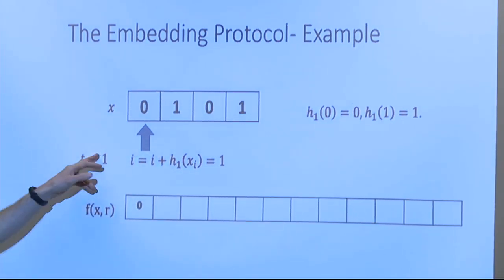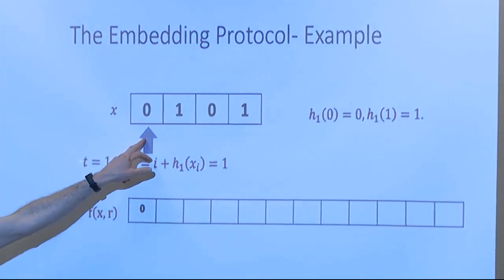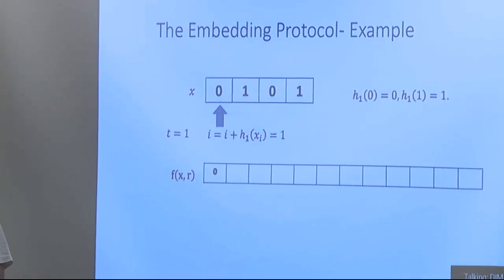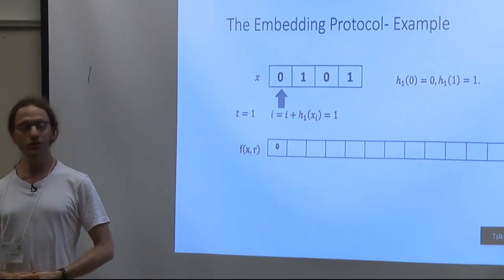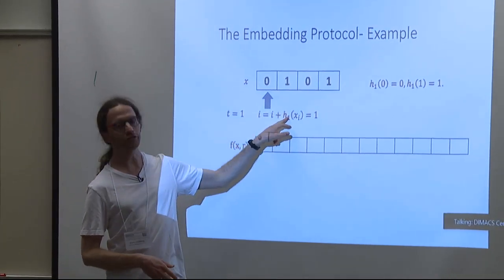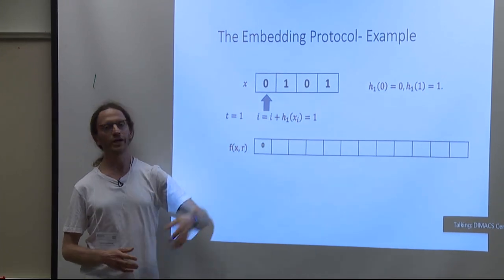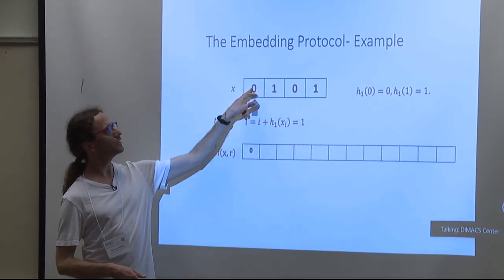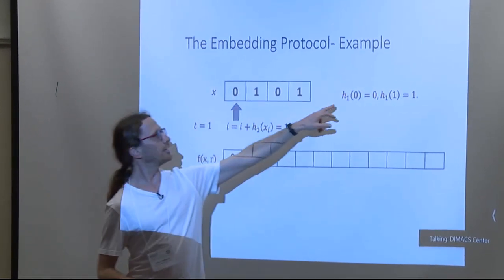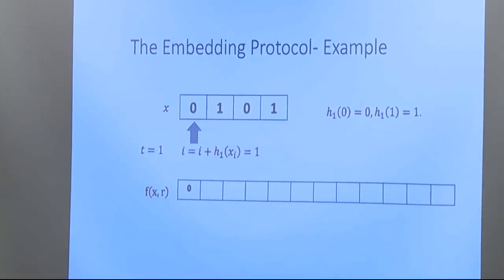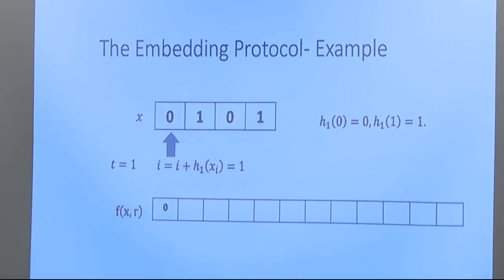Then we choose whether to increment I or not, and this decision depends on the first random function, h1, applied on x_i, which in this case is 0. h1 of 0 is 0, which means we do not increment I at this stage.